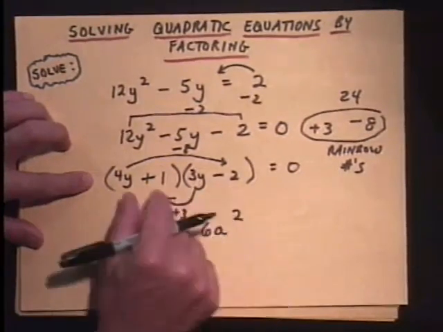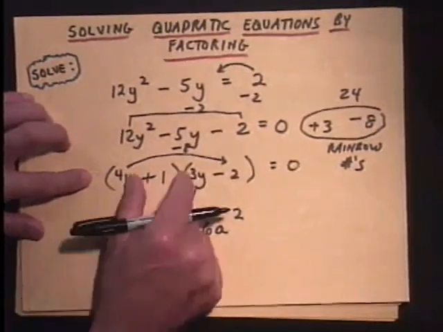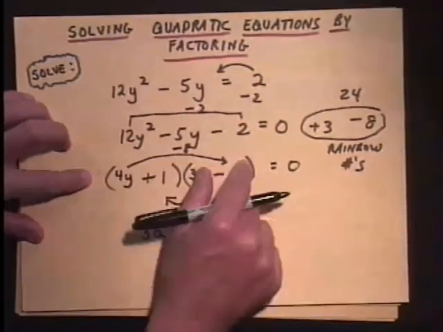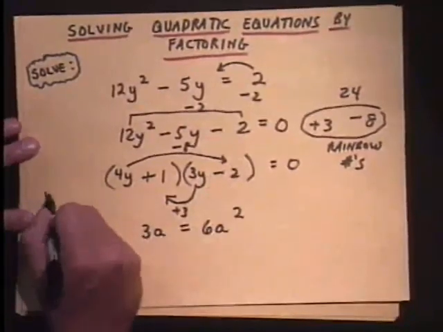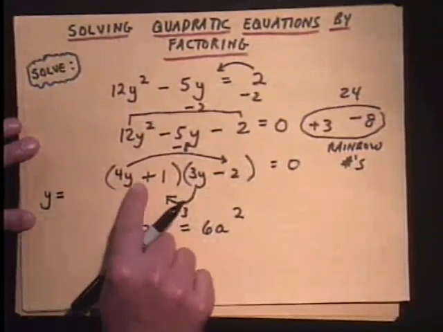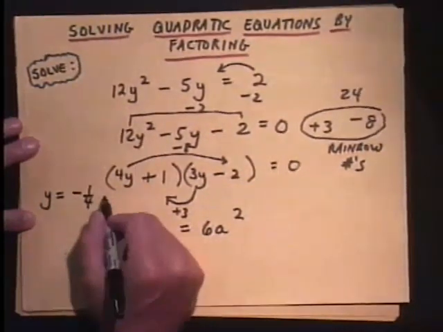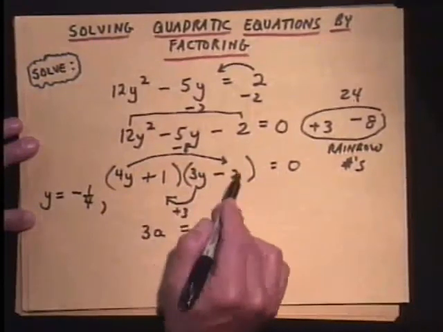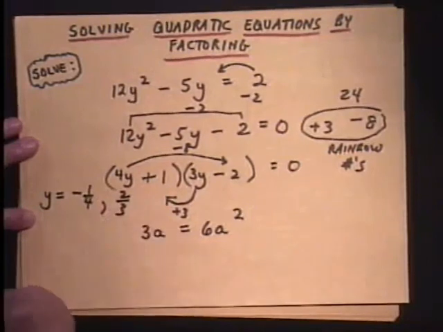Now I can use my shortcut, if I remember it, to go ahead and get the 2 answers for y, rather than taking that whole thing, setting it equal to 0, that whole thing. If you remember that nice shortcut, we'll say y equals what 2 answers? Negative 1/4, the opposite, second over first, or positive 2 over 3.